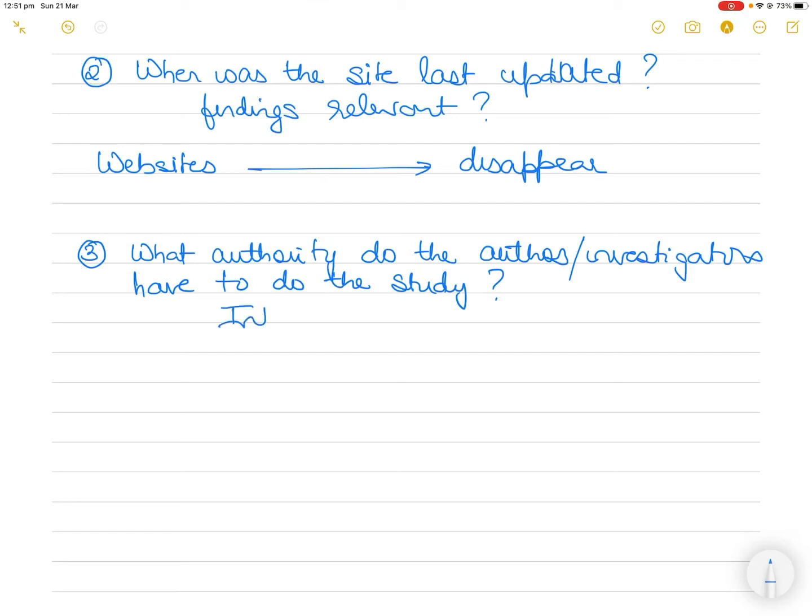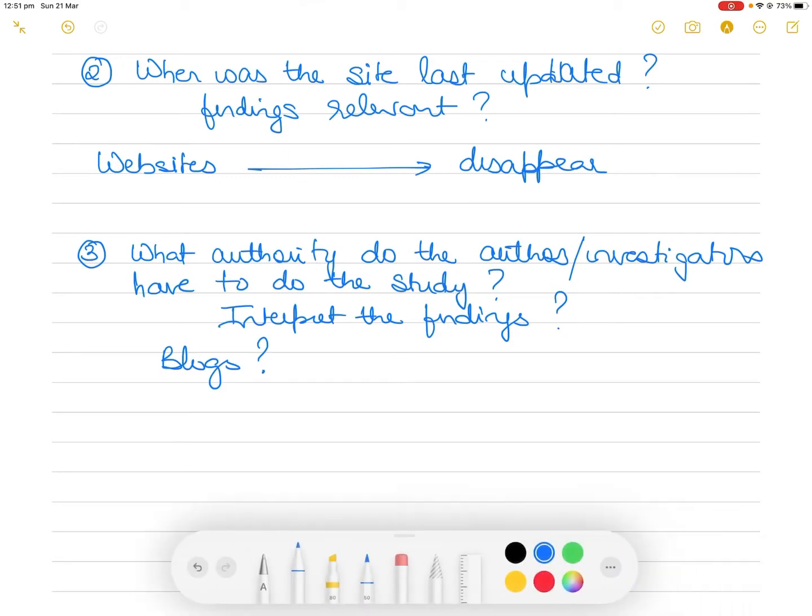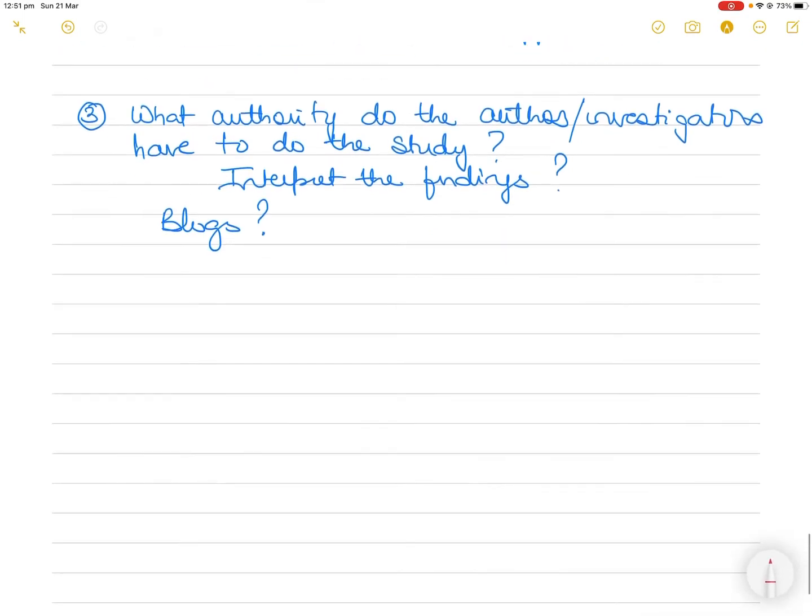How did they interpret the findings? On what basis? Was any data cited? There are many people who write blogs, and blog writers do not have to be scientists or researchers. That could be because they have talked to a few people and they do not have any hard data to back their findings. So then you have to ask yourself, can I really trust what this person is saying on their website?